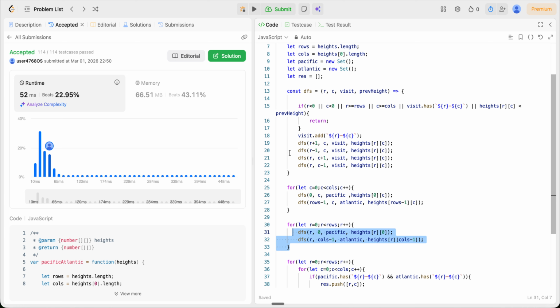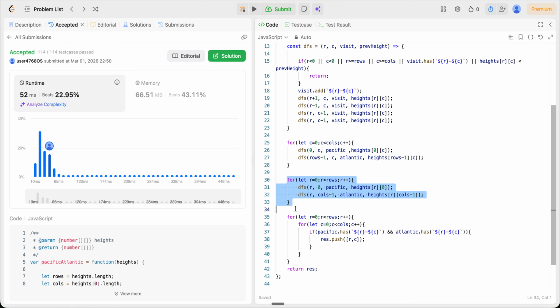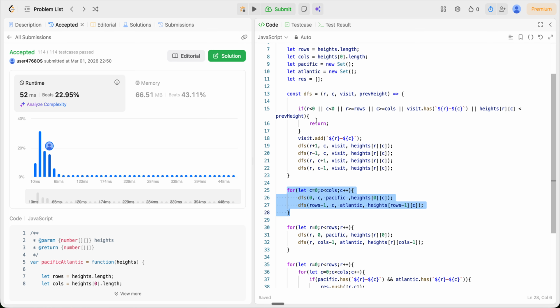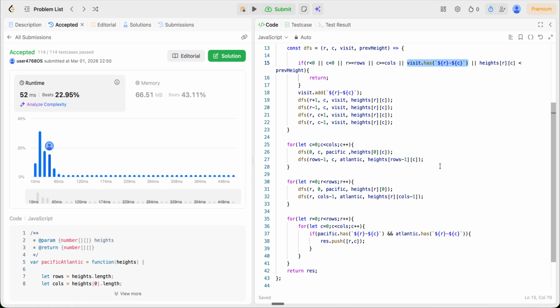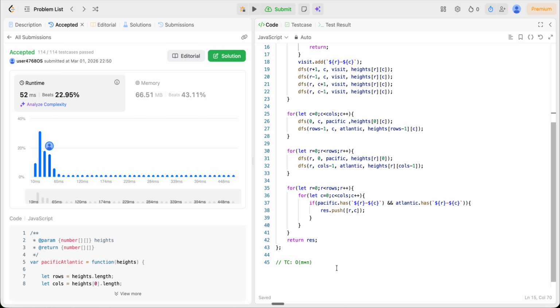The entire for loops and the DFS will reach all the cells at max once, because we have this visited condition, so it will not go beyond m cross n. So that is the reason it will be m cross n.